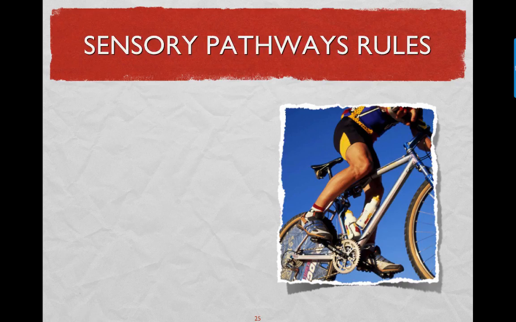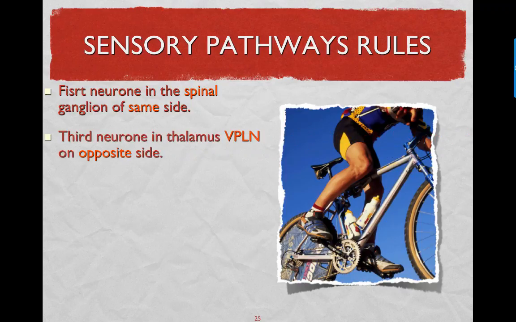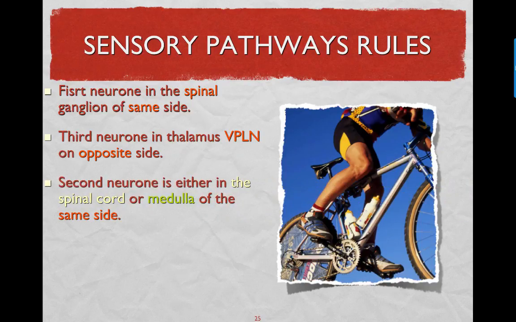Here we have the general rules for the sensory pathways. The first order neuron is always in the spinal ganglion on the same side. The third order neuron is always in the thalamus on the opposite side. The second order neuron accordingly should be crossing, because the first is on the same side and the third on the opposite, so the second should be crossing.